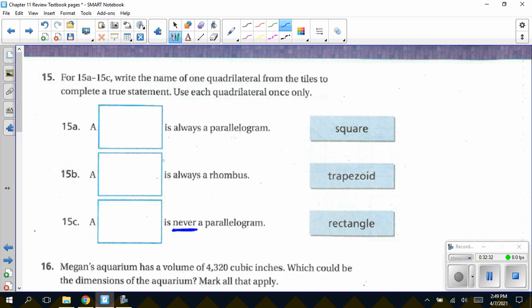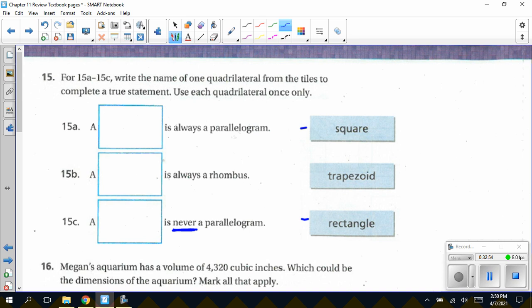B says a blank is always a rhombus. So if I recall back to my Venn diagram or my web that we made, I know that between the square and the rectangle is again what I'm going to be having to choose from. And I know that my rectangle could never go into my rhombus category.